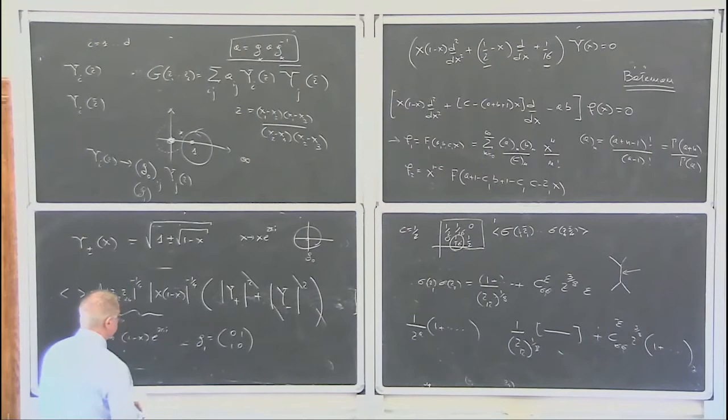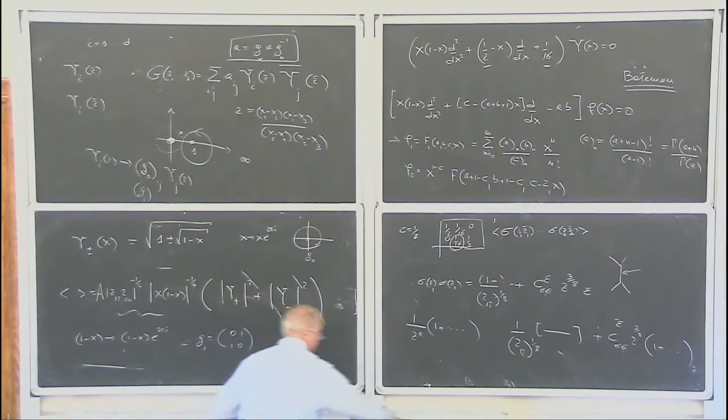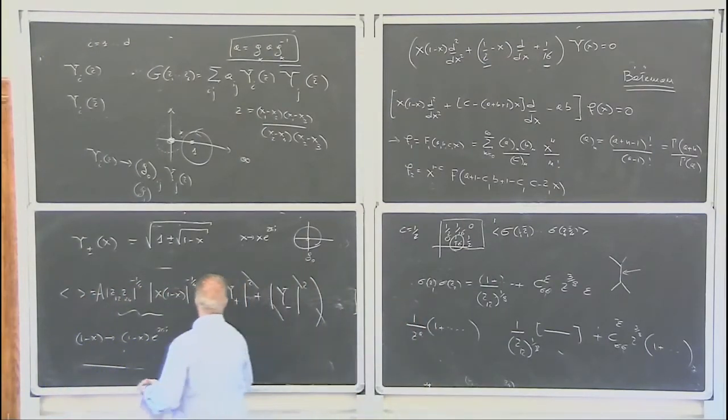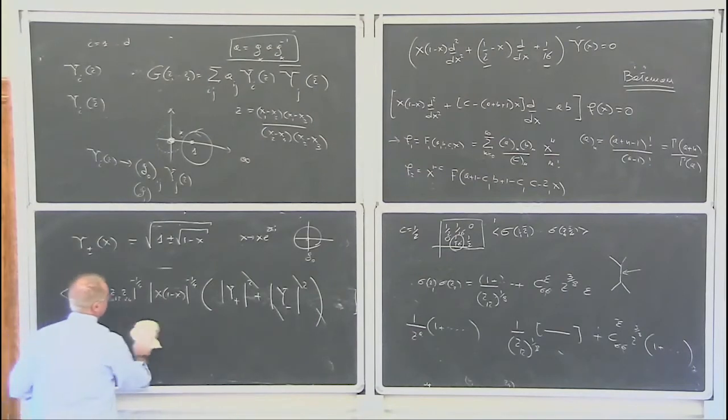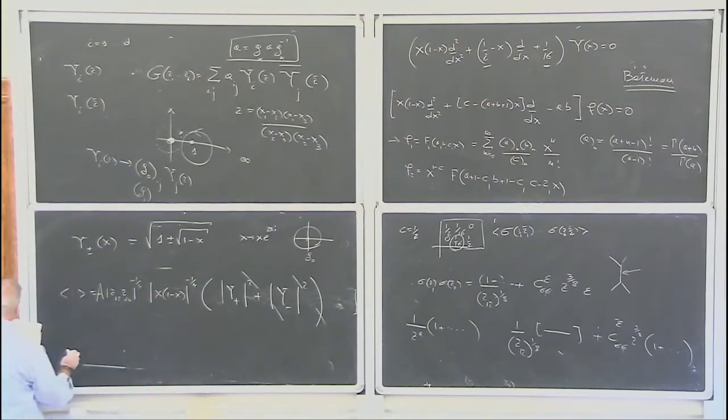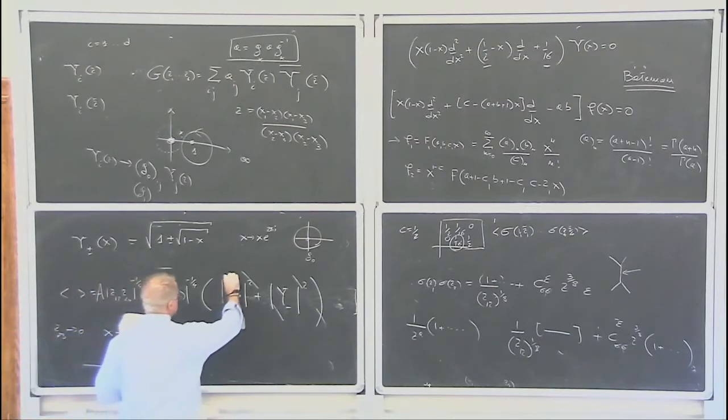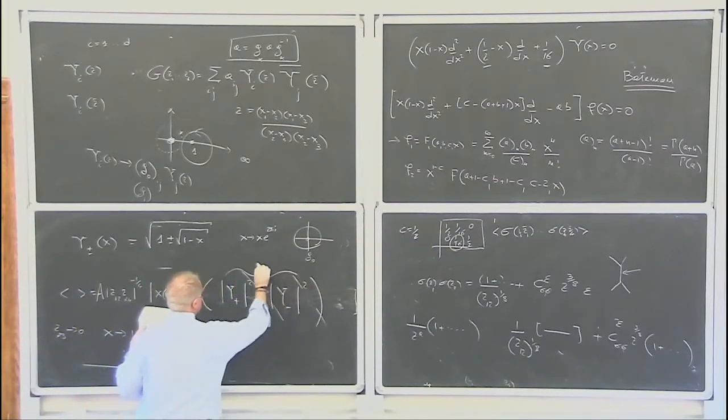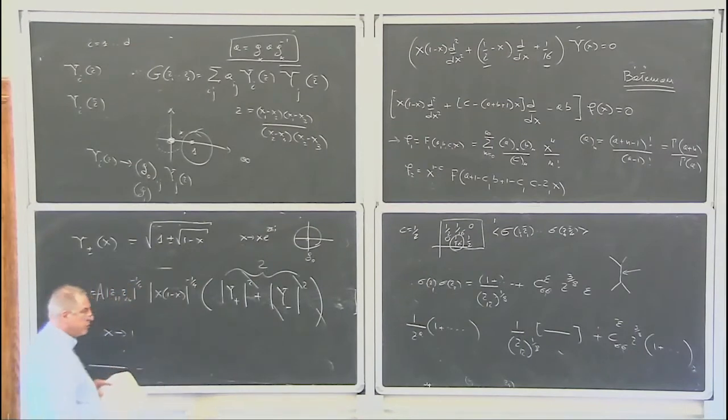If you do x_{2,3} going to 0, for instance, you can check that x is going to 1. And you will see that this term is going to a constant, which is 2.